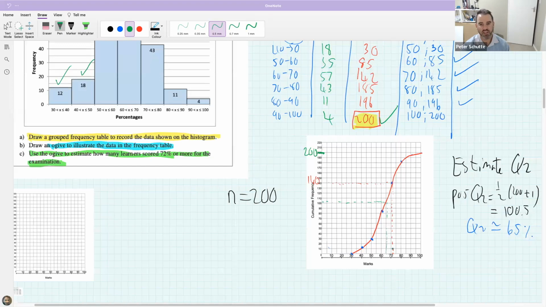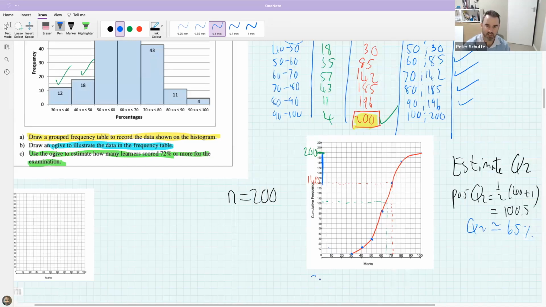What I think the ogive is telling us is that 140 students scored 72% or less. But I want to know how many students scored 72% or more. That is the difference between how many there are in total and how many scored 72% or less.